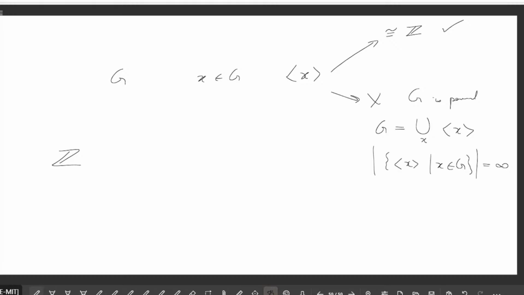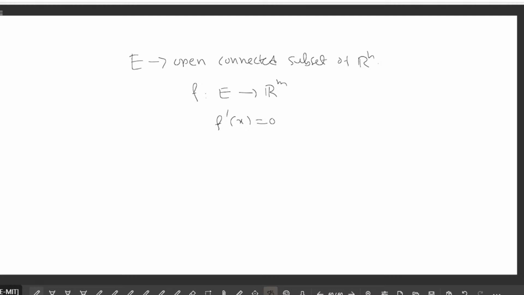That question, you only have to spend time. Easy, basically. So, if E is an open connected subset of Rn, and you have a continuously differentiable mapping f from E to Rn such that f' of x equals 0, then it will imply that f is constant.